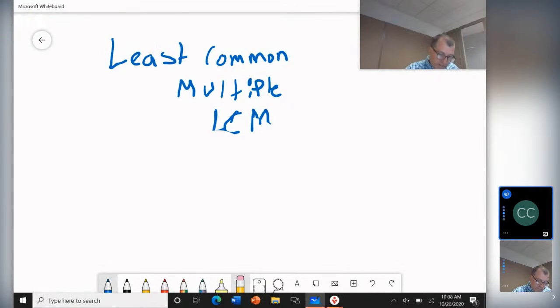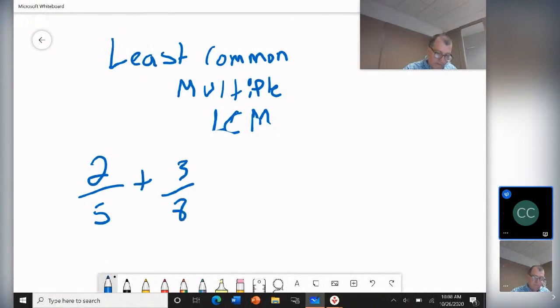Let's say we have 2 fifths plus 3 eighths. So we see that we have different denominators, so we can't add until we find a common denominator.